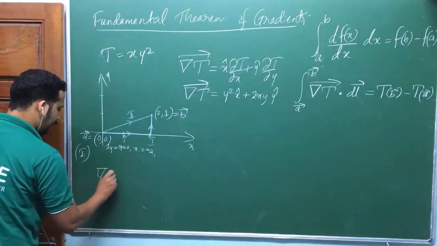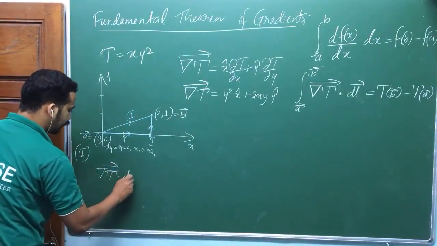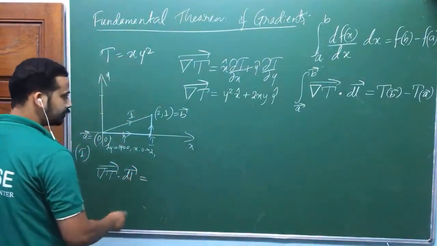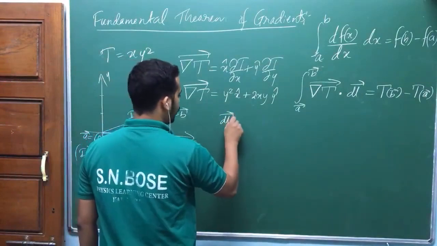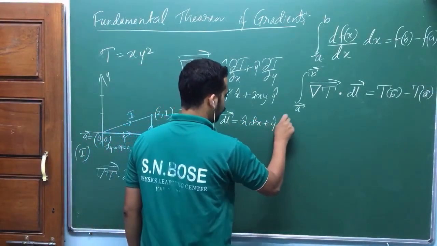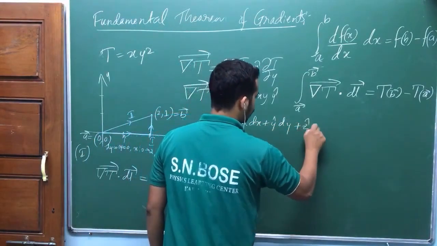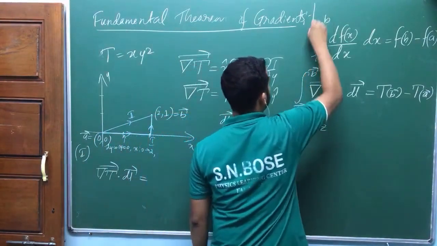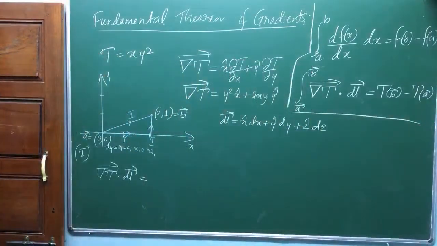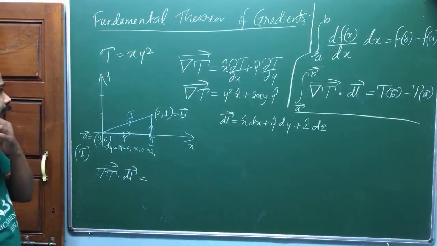But first take gradient of T dot dl. First find this one. What is this one? dl means x cap dx plus y cap dy plus z cap dz. Am I right? Speak out.